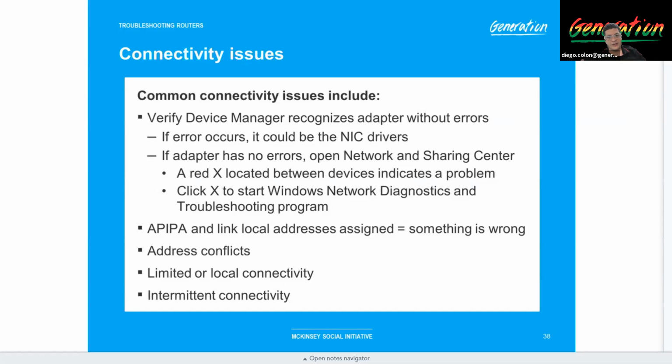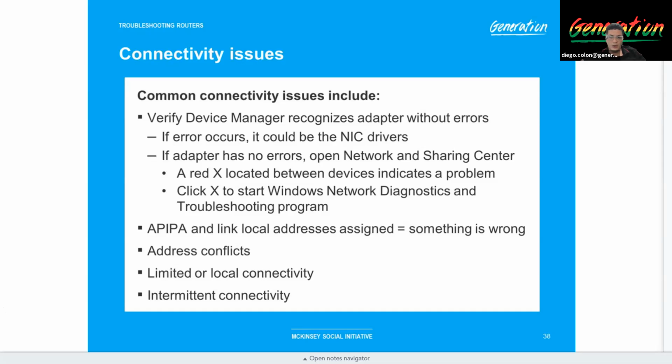Next we have limited local connectivity. Usually that happens when the ISP is having a lot of issues. And believe it or not, in these SOHO routers, a good trick, just like any other computer, is to turn that puppy off and on, and you'll be surprised how it'll come right back up.